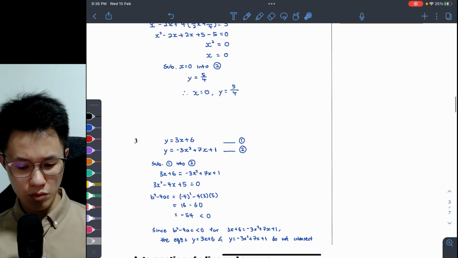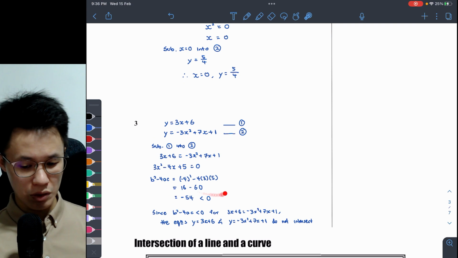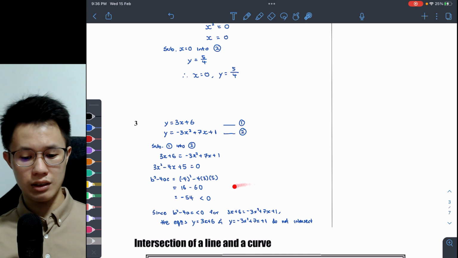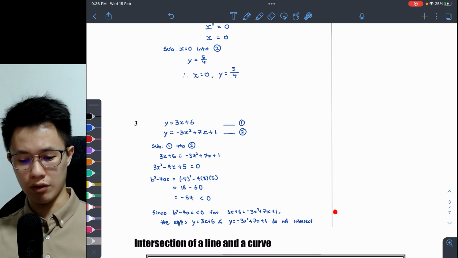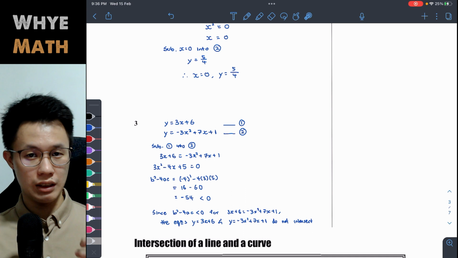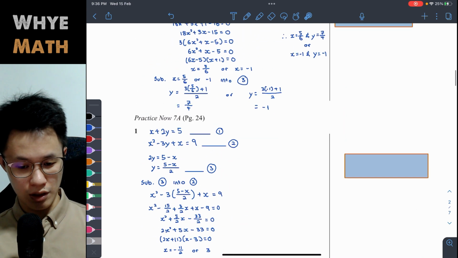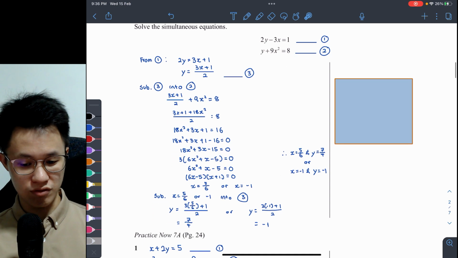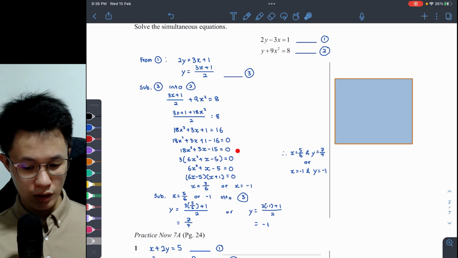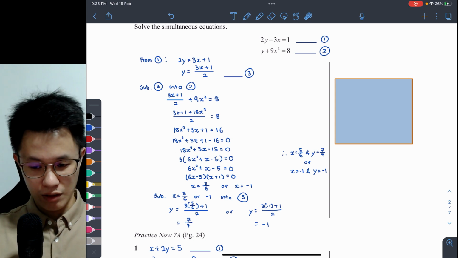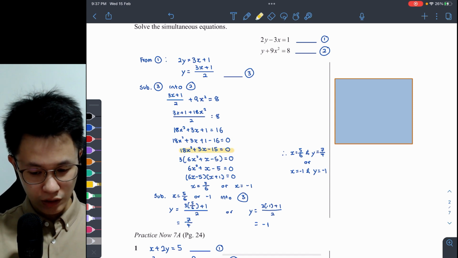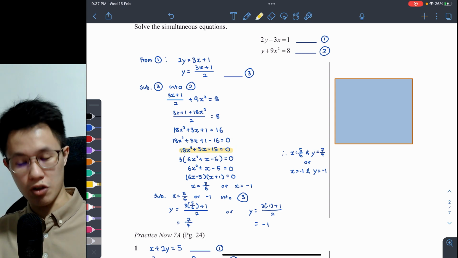And for question 3, actually we will come to a stage where when we use b squared minus 4ac, its solution is actually negative 54. But the common thing between all these four examples is that when you combine two of these equations, you will in fact get a resultant quadratic equation.